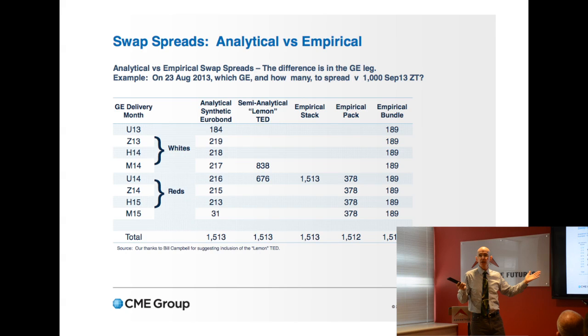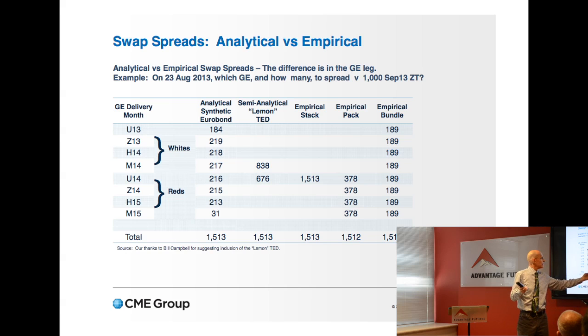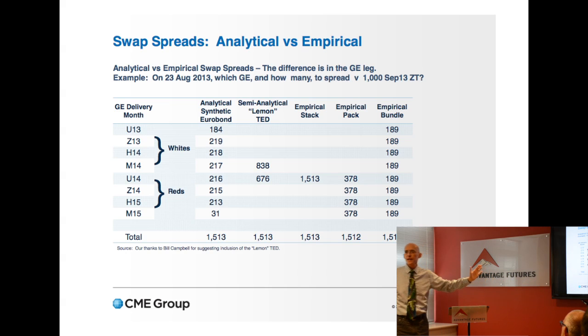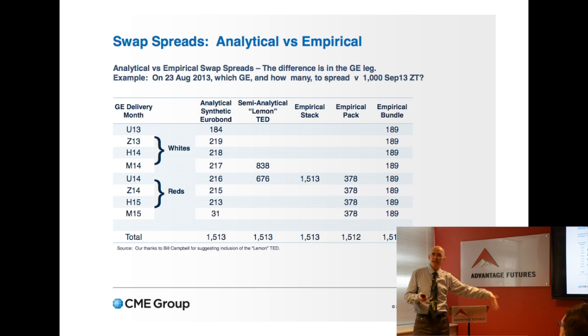That would be the DV01 for the Treasury leg of this strategy. Do the math. In each case, the total number of Eurodollar futures is 1,512 or 1,513. Either way, you're within a whisper of $37,810. That's really all there is to it. That's the guiding principle, the unifying principle behind all these things.